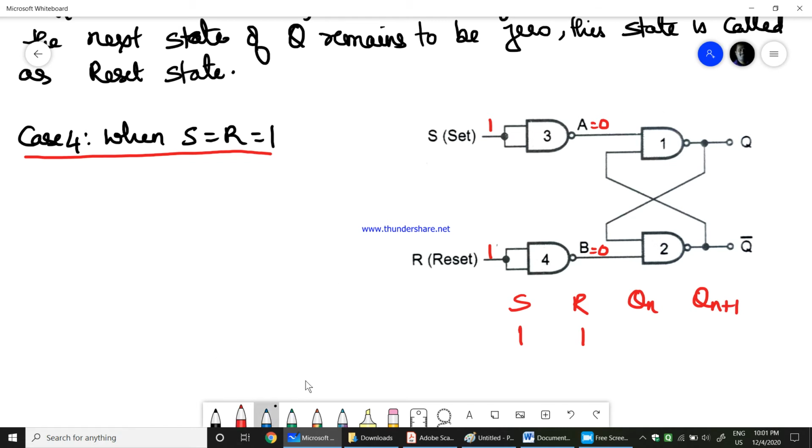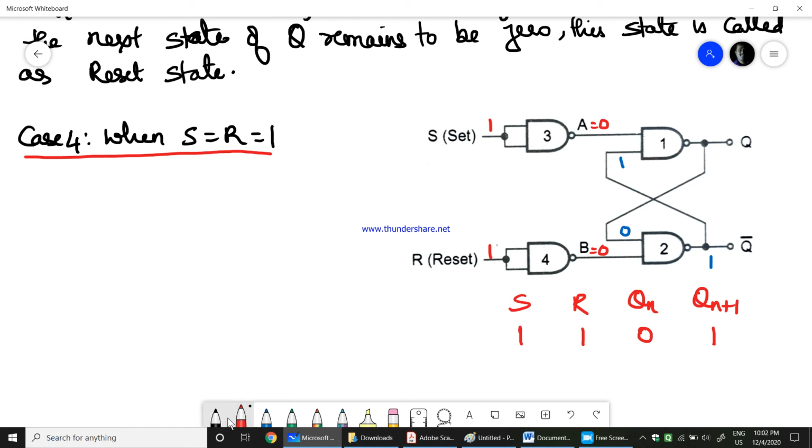So let us assume Q to be equal to 0. Now 0 is given here. 0 NANDed with 0 is 1, whereas 1 NANDed with 0 is again 1. So when I gave 0, it became 1.